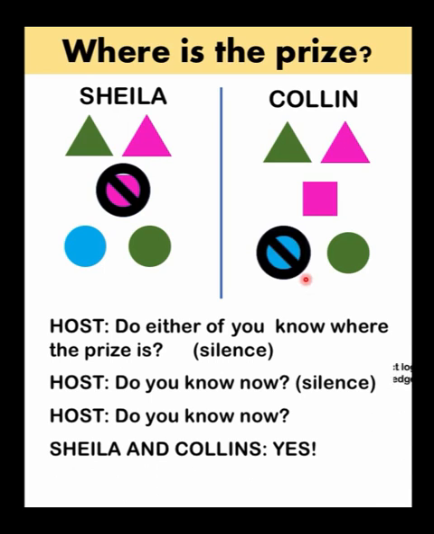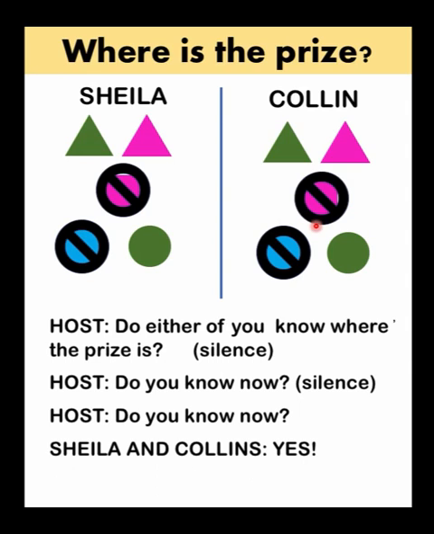And since both Sheila and Colin are mathematicians who use perfect logical reasoning, Sheila will also be able to figure out that this blue circle is not the correct answer, since Colin did not select it. The same explanation applies to Colin for figuring out that this pink square is not the correct answer. And so we can now eliminate these 2 objects.